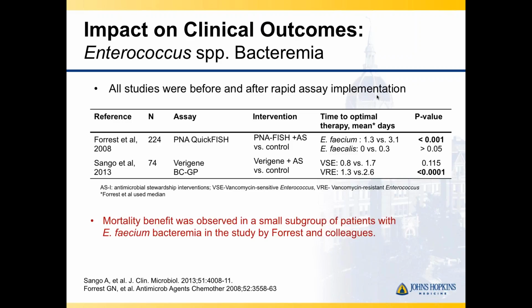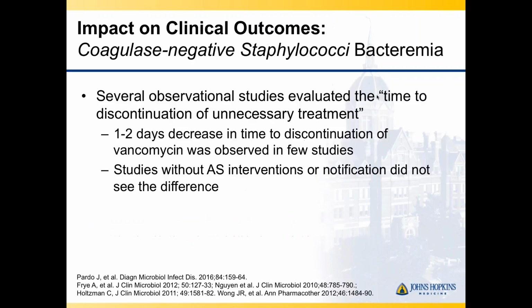There was a mortality benefit observed in a small subset of the patients in Forrest and colleagues' study, again mainly because of the Enterococcus bacteremia that was secondary to VRE. However, the study has a lot of limitations, as those patients were BMT and solid organ transplant, so there might be other reasons why their mortality was significant, but at the least they were able to improve their time to optimal therapy.